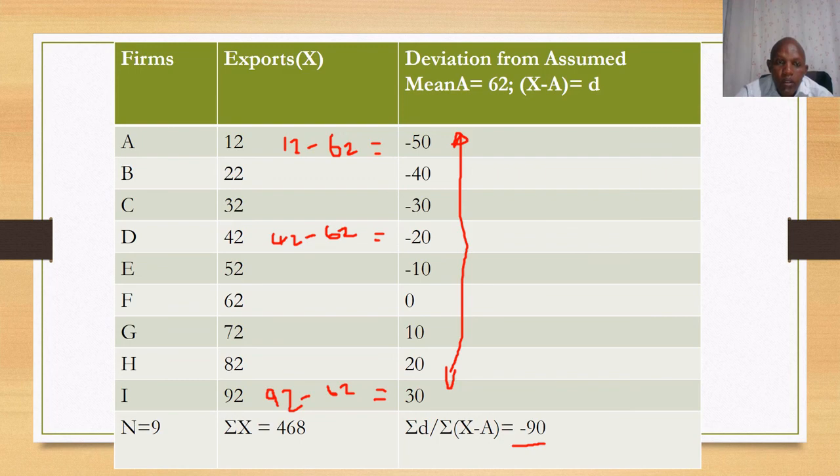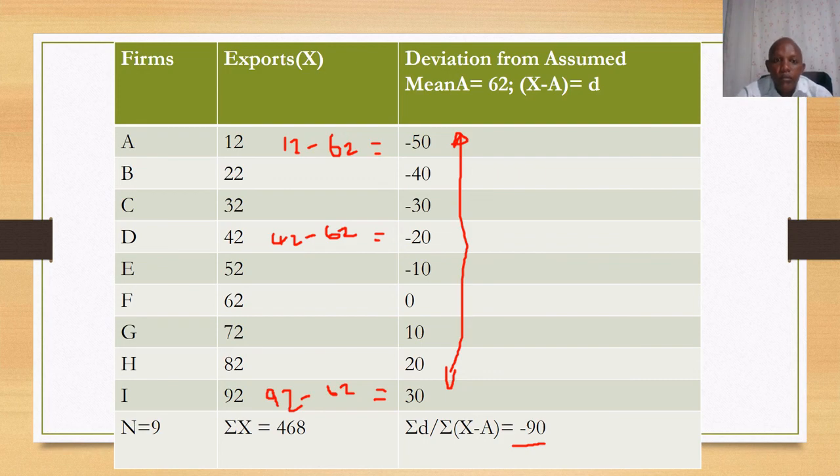That's what we mean, to get negative 50. If I take another value, for example 42, it will be 42 minus 62, as you see. Then you will get negative 20. And similarly, 92 minus 62, the answer will be 30.